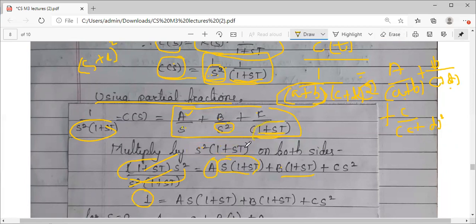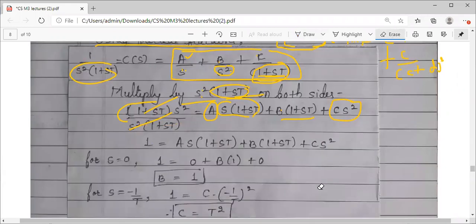You have this term here already, only S square is not there, so take that. Hope you understood this. Or you can just go in steps: multiply on both sides, cancel and keep it. I have skipped that step here. So you have got the equation 1 is equal to this.